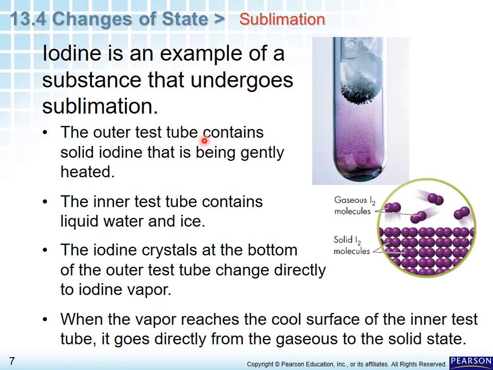The outer test tube contains solid iodine that is being gently heated. The inner test tube contains liquid water and ice. The iodine crystals at the bottom of the outer test tube change directly to iodine vapor. When the vapor reaches the cool surface of the inner test tube, it goes directly from the gaseous to the solid state.